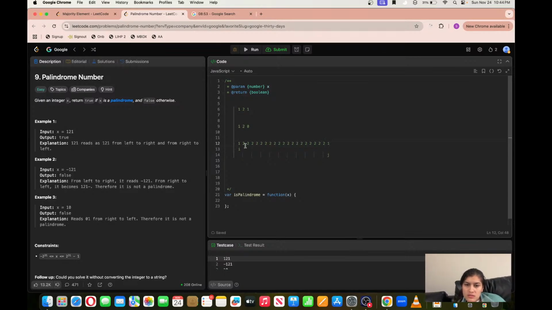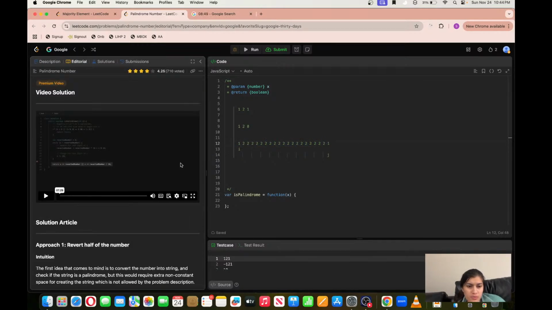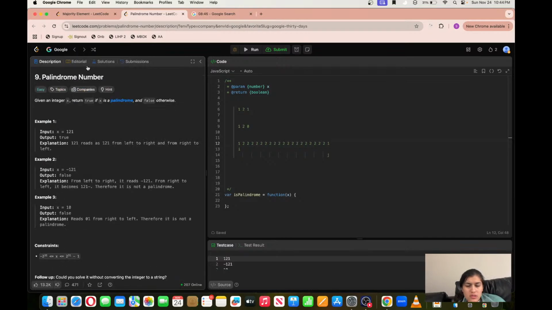Let's look at the editorial. Revert half of the number. Oh wow, this is also a good way, to revert half of the number.